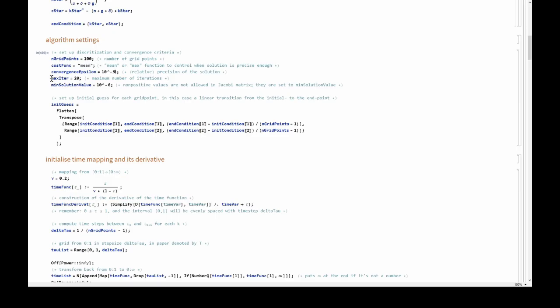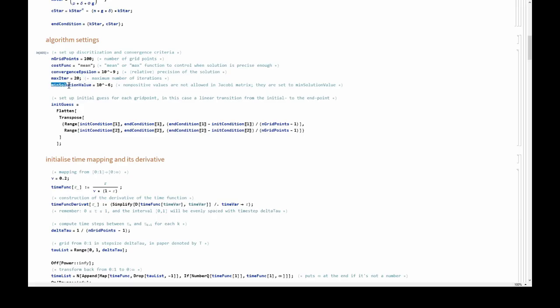You can set up some maximum number of iterations, not to be stuck in an endless loop. If you misspecify, you might end up there. And to break the loop, here we have set a maximum number of iterations of 20.